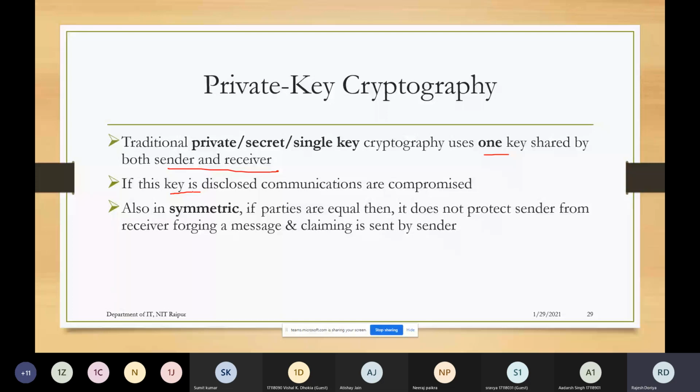So one has to make sure that this key is secure enough from the adversary. Apart from that, there is one more disadvantage with private key cryptography techniques: the moment the sender has sent something to the receiver, later on the sender can deny that they have not sent this message. So how to cope with those situations as well? Public key cryptography is going to provide the solution for this sort of scenario.